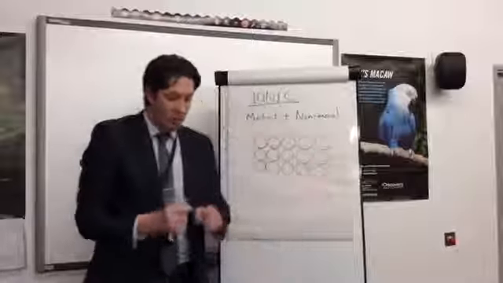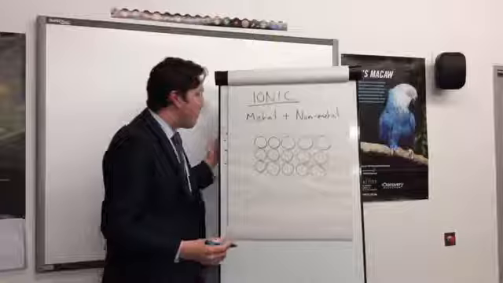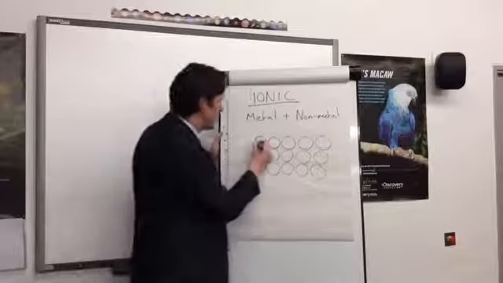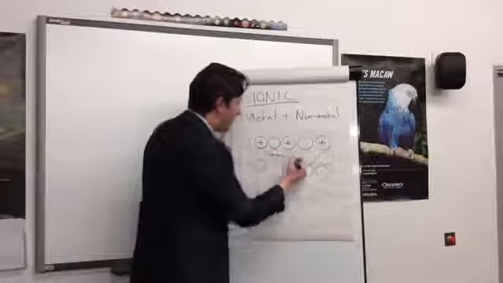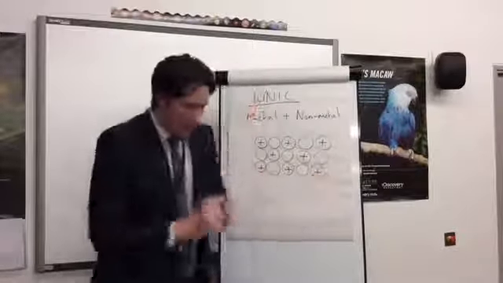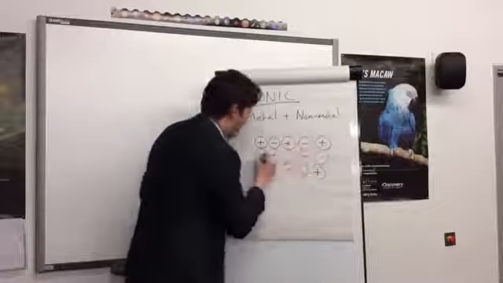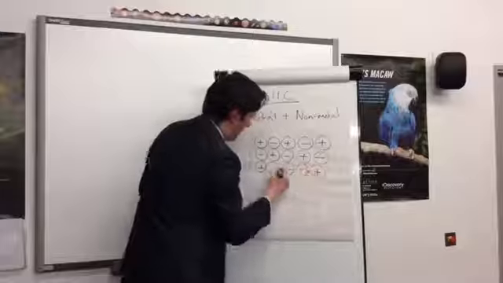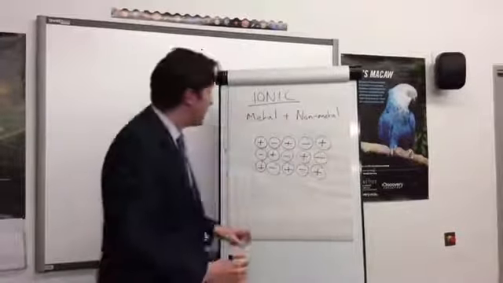So you could call a metal a giant lattice. Okay? You could call a metal a giant lattice, and this is a giant lattice as well. The difference being for this is you have positive particles with negative particles in between them.